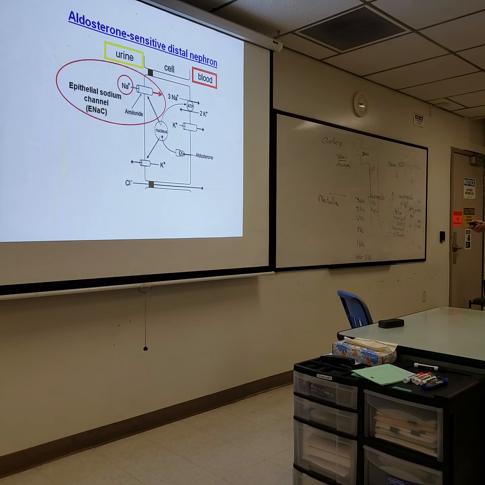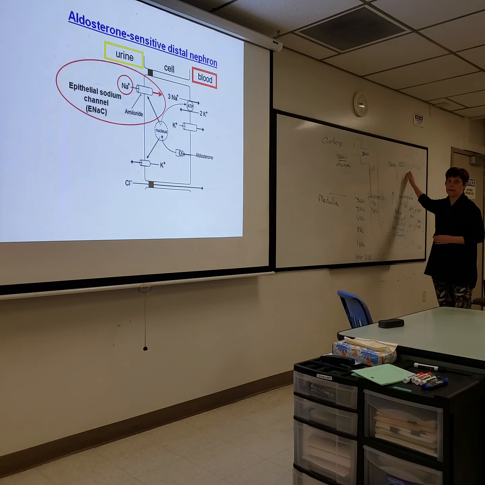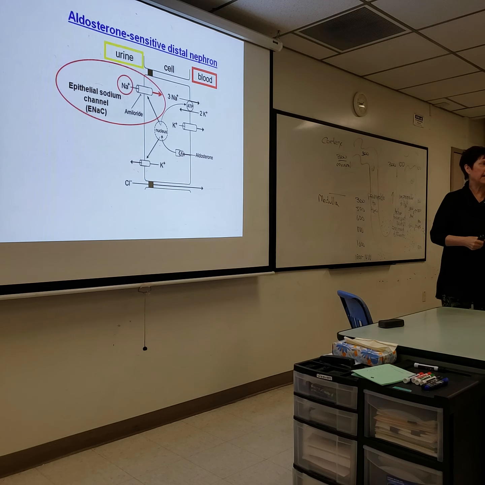It's coming in from the blood, binds to its receptor inside the cell, and causes the nucleus to make more sodium channels and more sodium potassium pumps. And that results in more sodium being removed from the filtrate in the distal convoluted tubule. To some degree, the collecting ducts up in the cortex, all right? But I'm going to focus primarily on the distal convoluted tubule. So aldosterone increases sodium reabsorption.